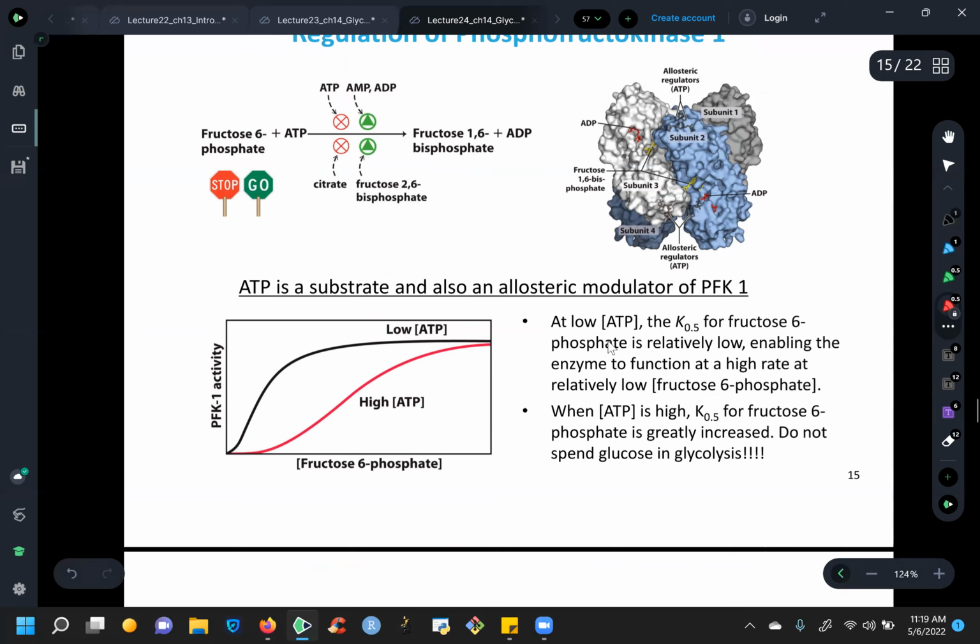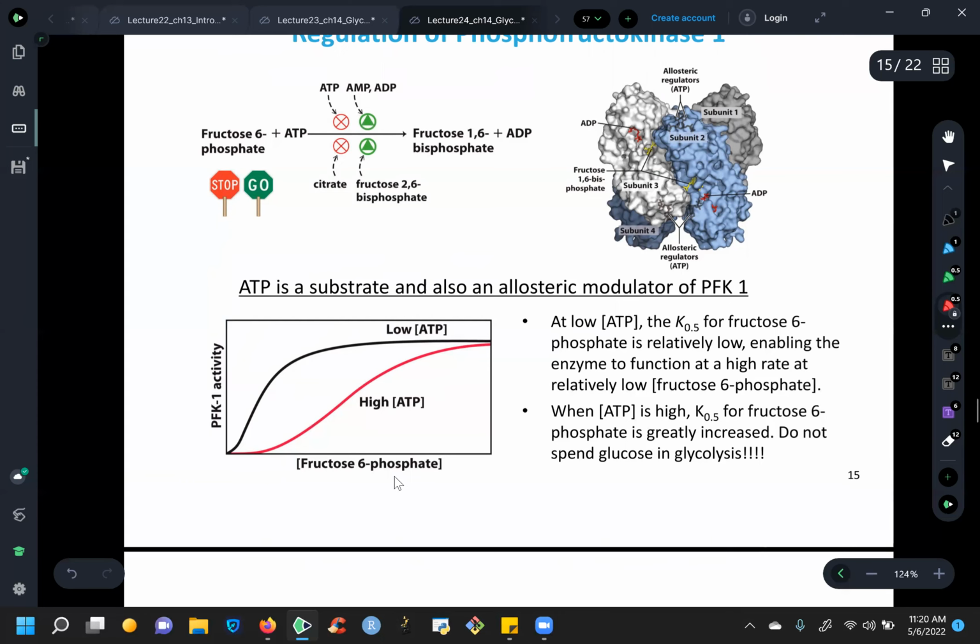At low ATP concentration, the Km for fructose 6-phosphate is relatively low, enabling the enzyme to function at a high rate at relatively low fructose 6-phosphate. When the ATP concentration is high, the Km for fructose 6-phosphate is greatly increased.